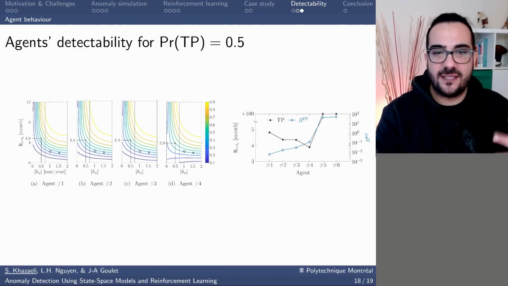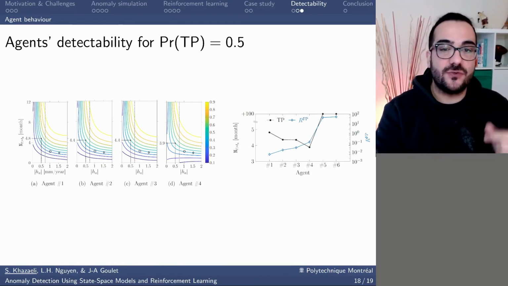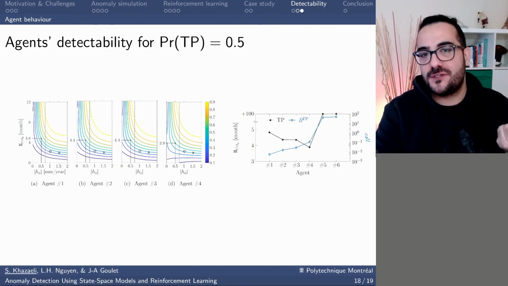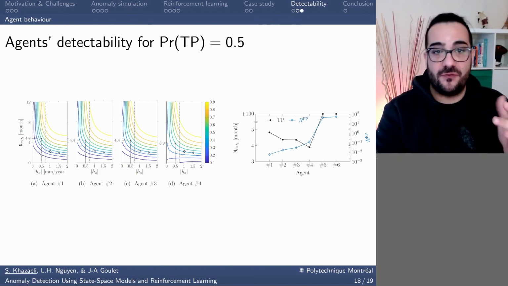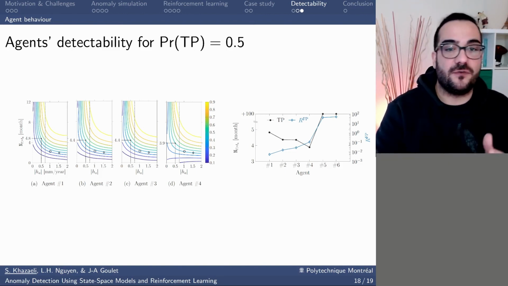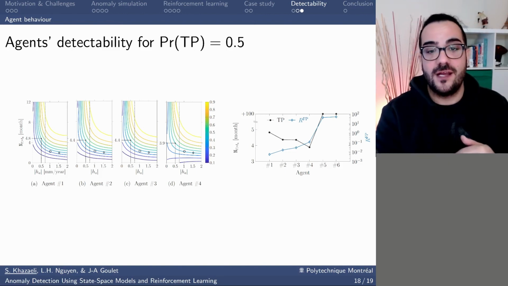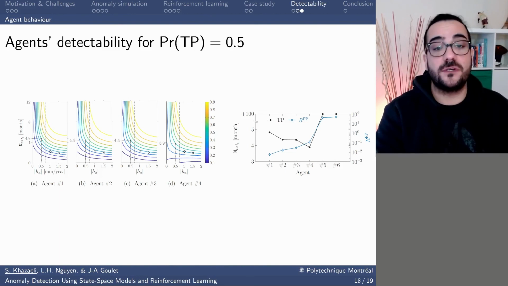Okay, let's look at the detectability from another perspective. We want to see how many months it will take for the agent to detect anomalies with 50% probability. The figure on the left shows the number of months required for the agent to trigger the alarm for anomalies of 0.5 millimeter per year with a probability of 50%. The right figure is a comparison of the 50% probability of true positive and the annual false positive ratio.